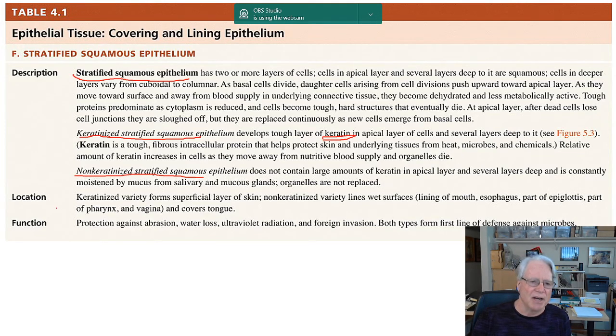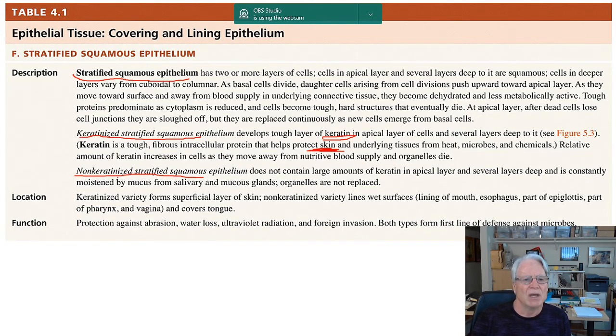The non-keratinized stratified squamous epithelium does not contain keratin. So this is mostly the skin. The skin is keratinized. When we find stratified squamous epithelium in other places inside the body, like the mouth, for example, or the vagina, it's going to be the non-keratinized type.